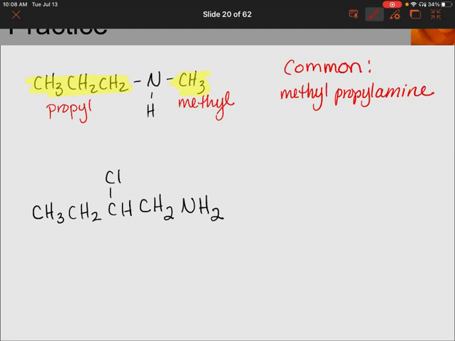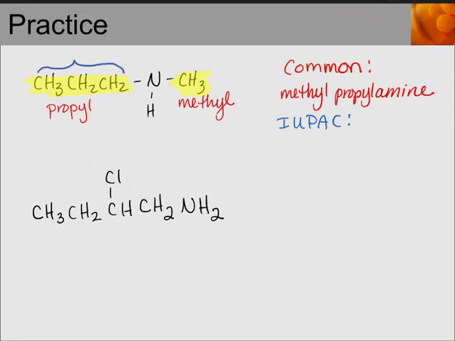Okay, now let's use the IUPAC method. So in the IUPAC method, we want to find the longest carbon chain. So that would be this 3-carbon chain. And normally we would call this propane if it was an alkane. But because there's a nitrogen attached, we're going to call this propanamine.